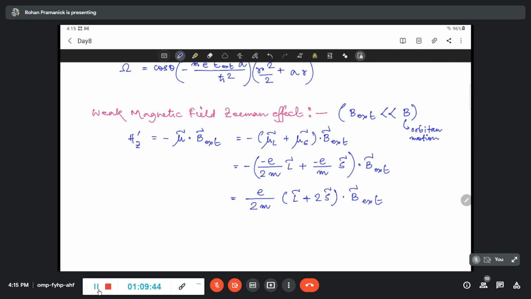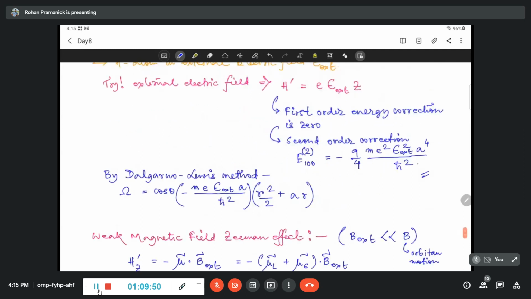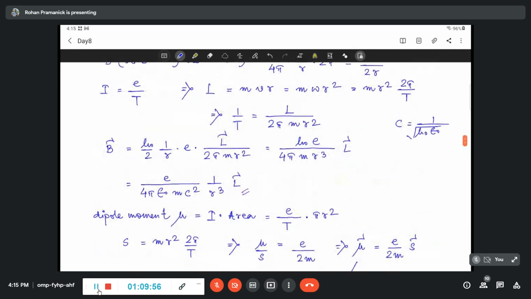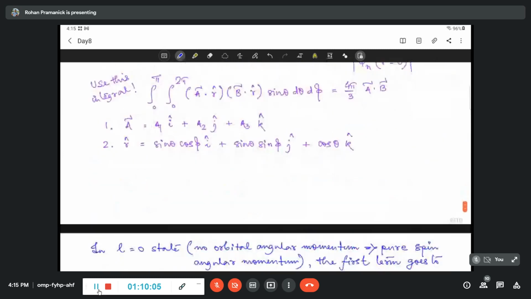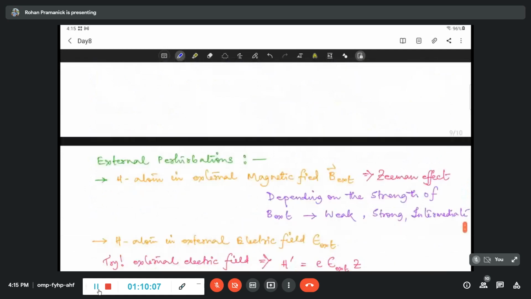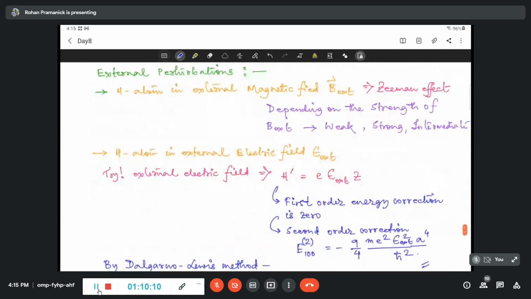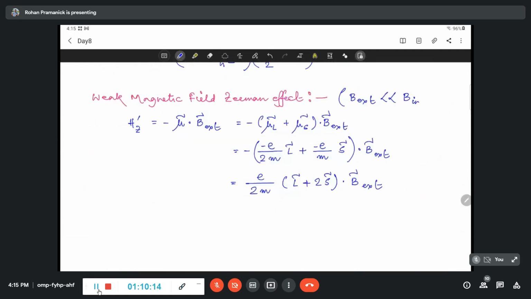This B is nothing but the magnetic field experienced by the electron due to the proton. So this is the weak magnetic field Zeeman effect assumption.